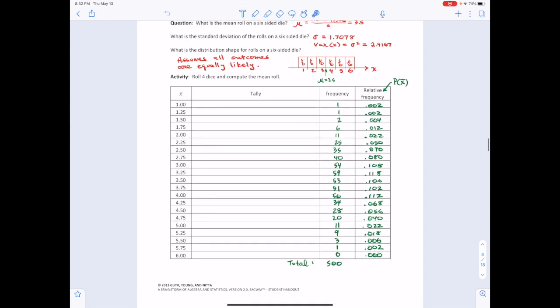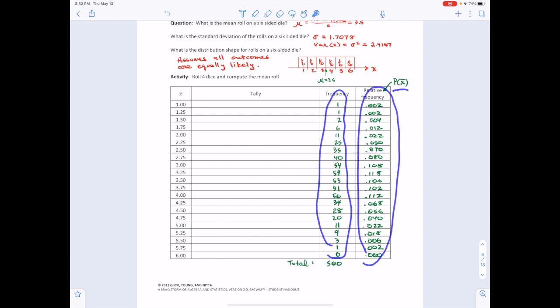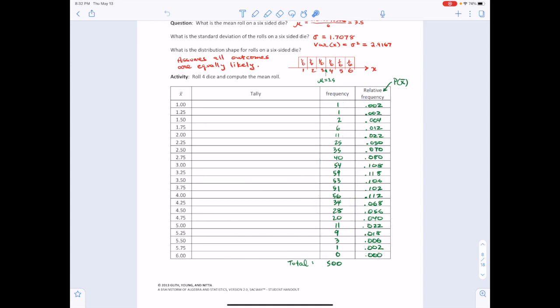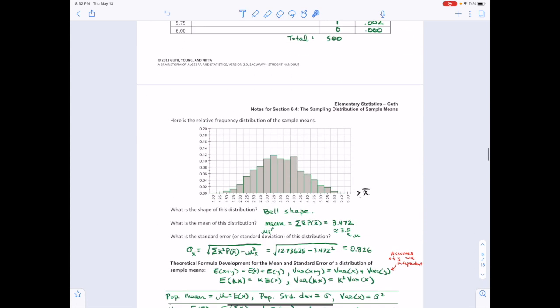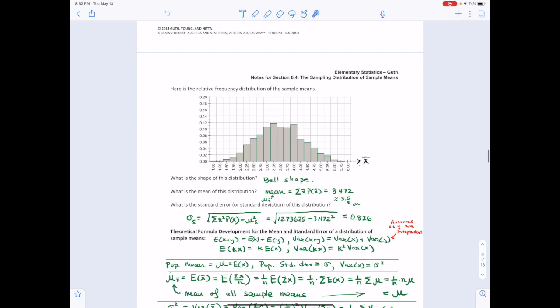Regardless, we got these frequencies from 500 rolls and converted them to relative frequencies, which are estimates of our probabilities. The different means created a distribution that was very beautifully bell-shaped. If you do enough of them, it comes out really nice.